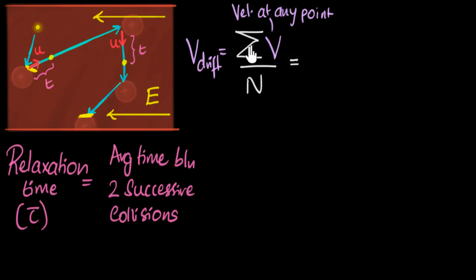So in general, all I have to do is do a summation of u plus at, u plus at, divided by n. And again, we need to be very careful. What is u here? u is the velocity just after the previous collision.